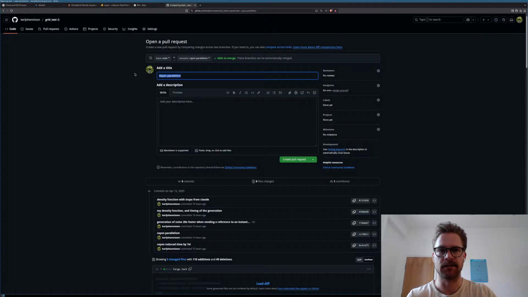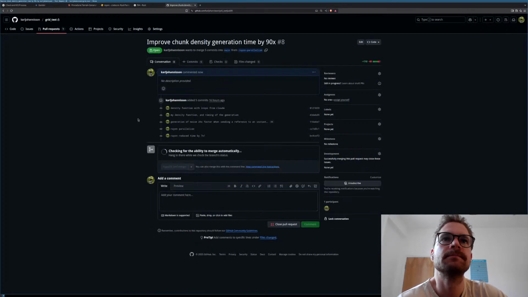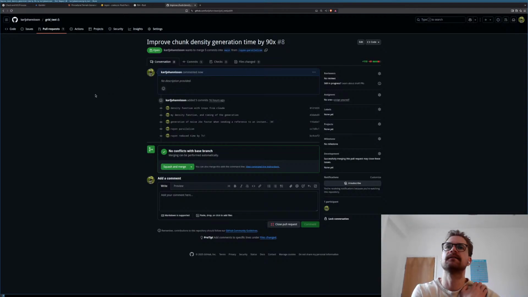So this actually improved chunk density generation time by 90x. That's what we achieved. Oh yeah, that's a good idea.